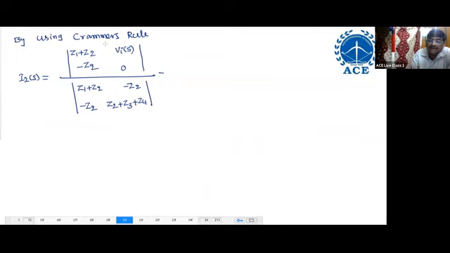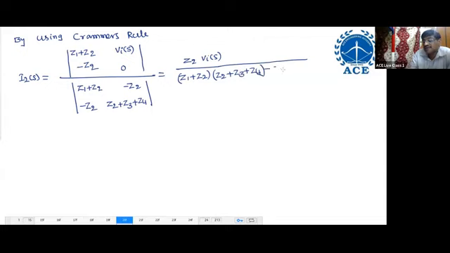Now find the determinant. Numerator: 0 minus of minus means plus Z2 into Vi of S, divided by Z1 plus Z2 into Z2 plus Z3 plus Z4 minus Z2 square minus Z2 square.